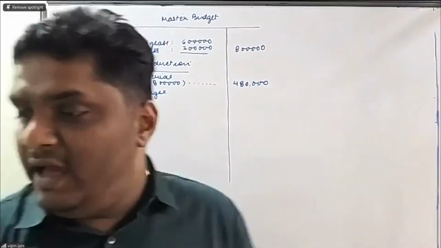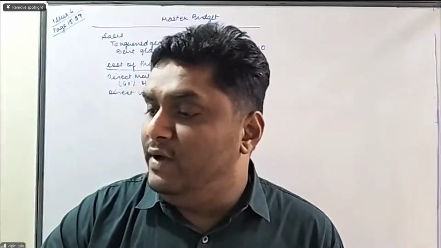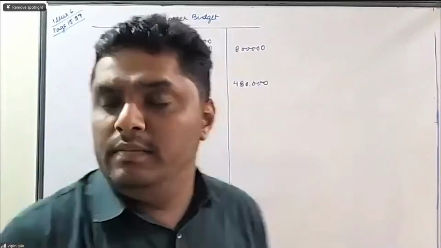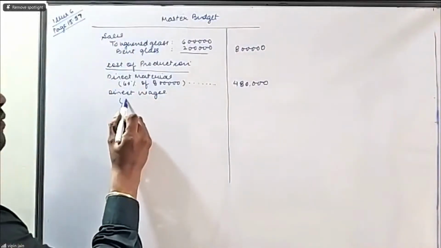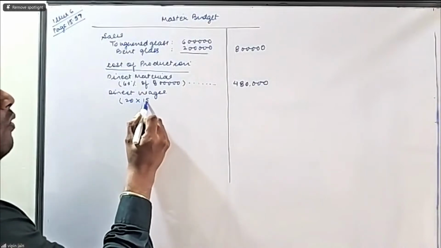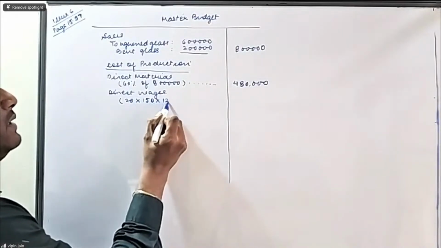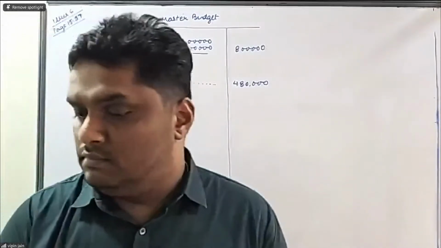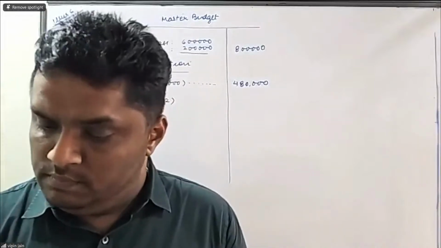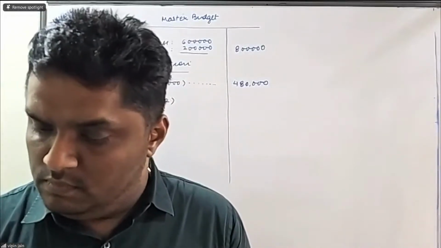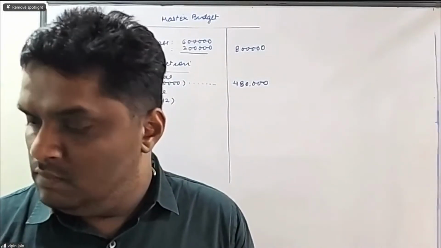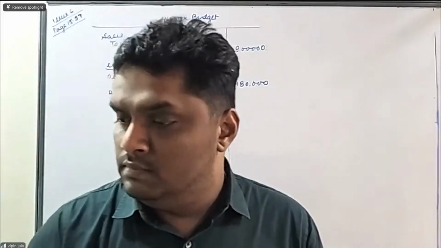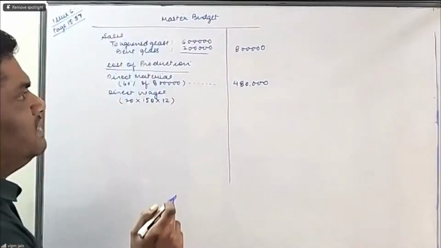Direct wages we have, it is 20 workers, 150 per month, into 12 months. So this will be 36,000.